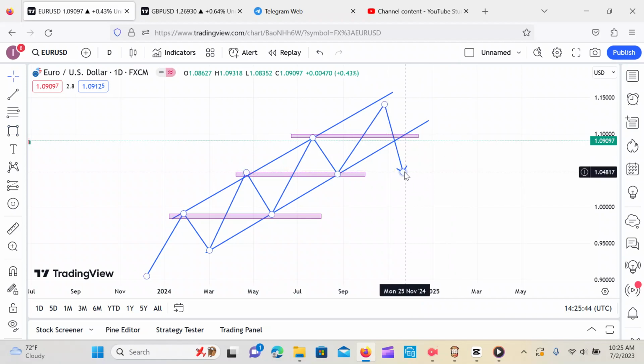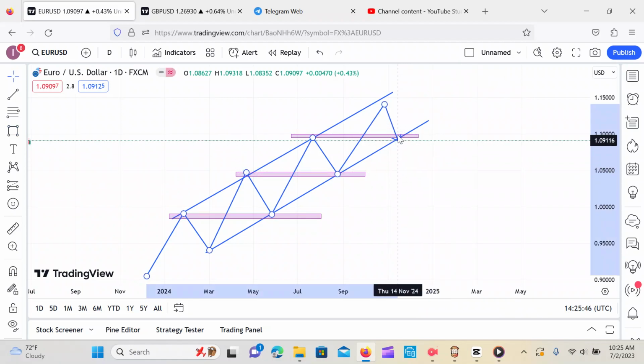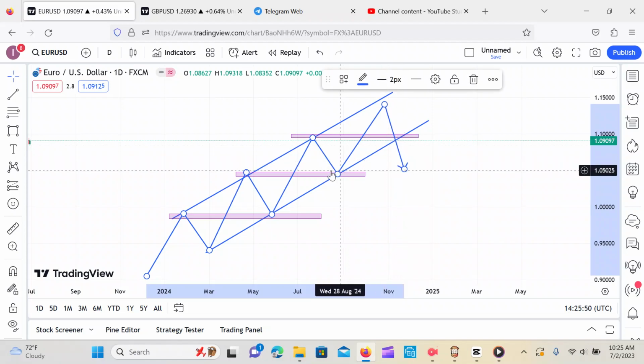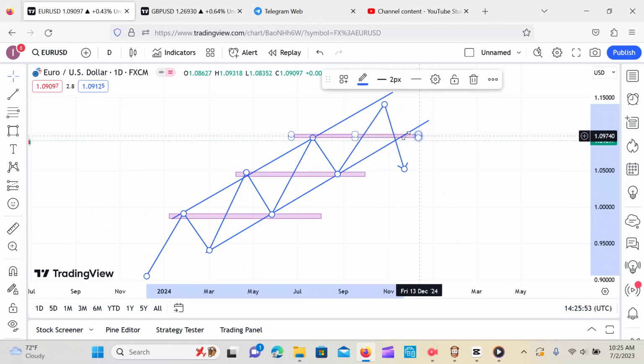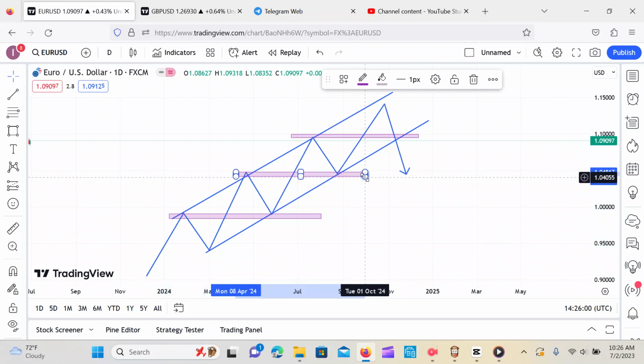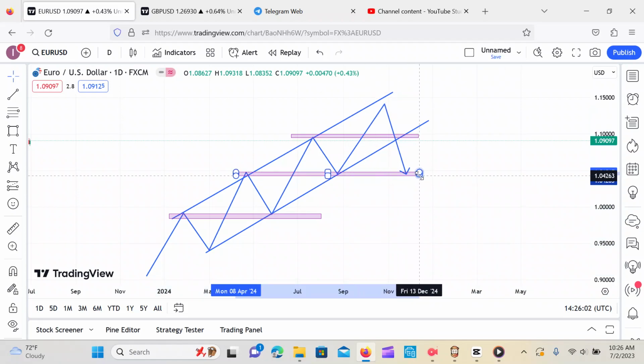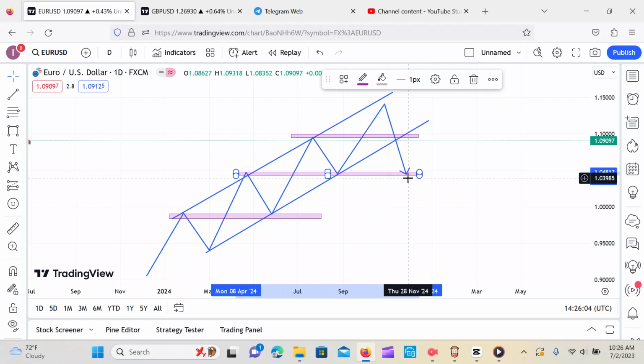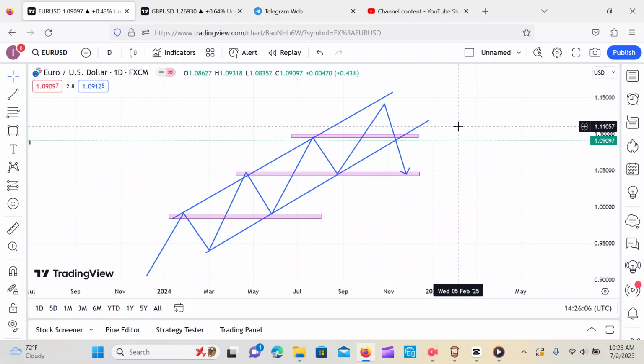So what exactly is this for? We are expecting price to break to this area, but price failed, broke below this trend line, below this support and resistance rectangle, and it was coming down. This is your next area of interest where you are expecting price to get to before pushing to the upside again.